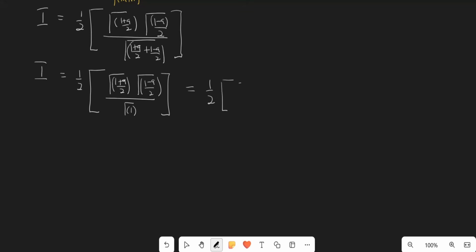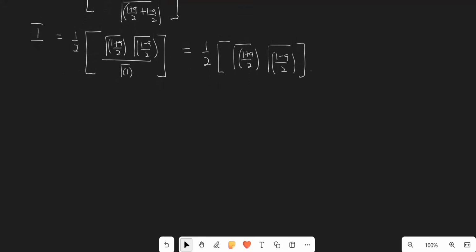And then we have the gamma of 1 plus a over 2, multiplied by the gamma of 1 minus a over 2. So this is what we have left. And now we know that 1 minus a over 2 is the same as 1 minus 1 plus a over 2, right? So this one is just 1 minus the other one.